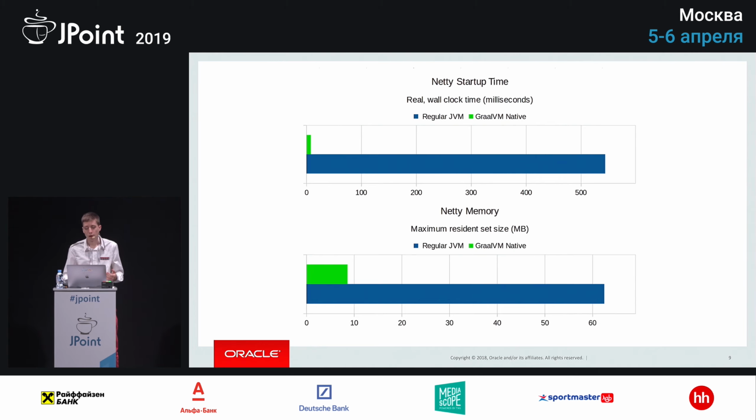Instead of 550 milliseconds, we start up in, I don't know, 5 milliseconds. And it also gives you lower memory usage, by maybe a factor of 2, 3, or 4. That's because we do not need to keep all of the metadata around that the traditional JVM would have to keep in memory. And we are also not using any CPU cycles or memory for JIT compilation in this configuration.